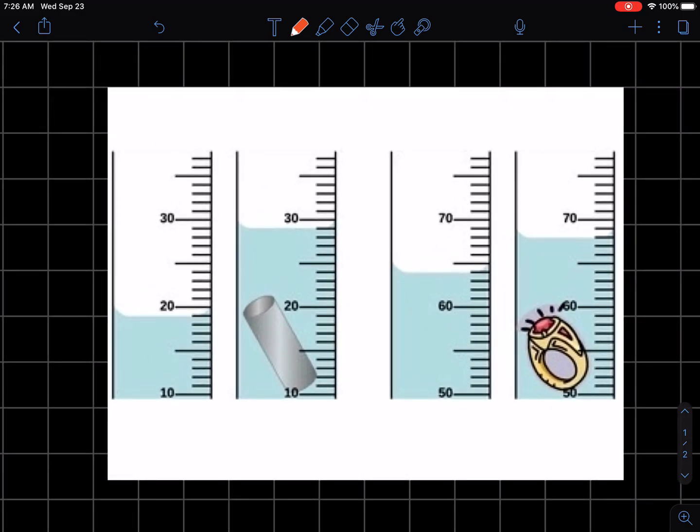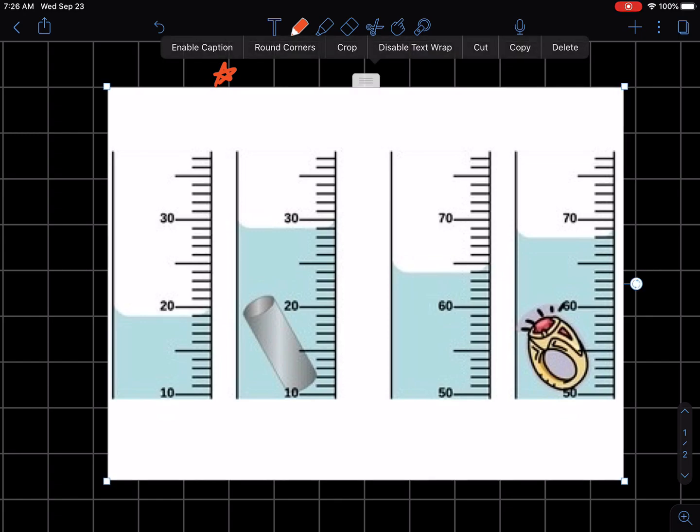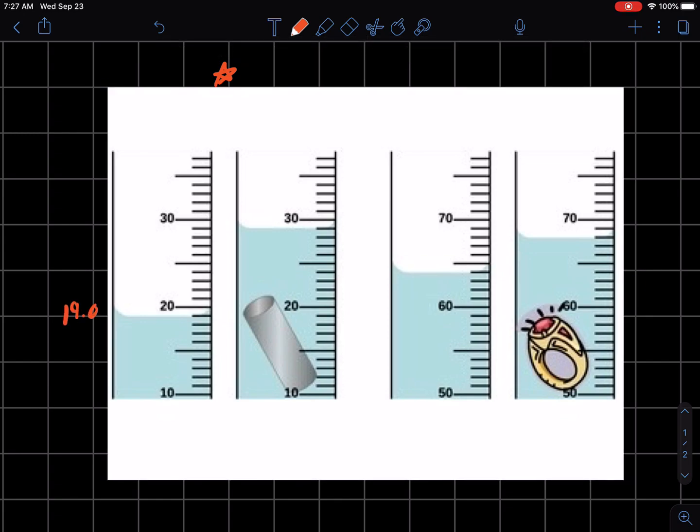And then the final thing is water displacement. Water displacement works very similar to reading a graduated cylinder. There's just extra steps added in. The first thing you've got to do, though, is be able to correctly read the graduated cylinder. So let's look at this example here on the left. The graduated cylinder on the left is read at 19.0 milliliters. This would be your VI.